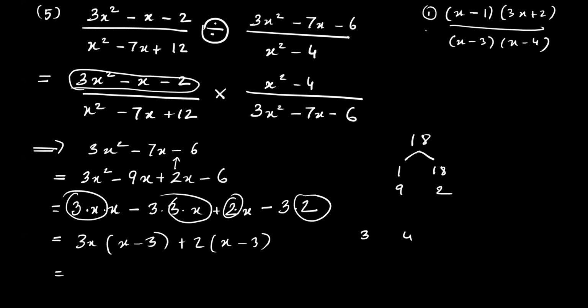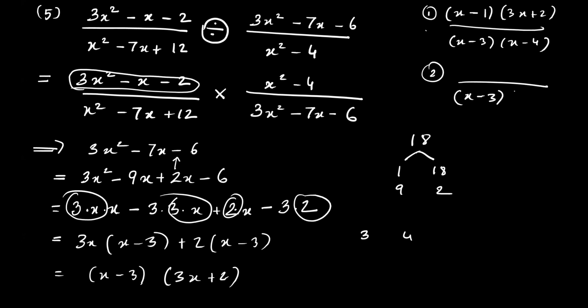Okay, and if I write x minus 3 common, so what is remaining? 3x plus 2. Correct? So in the second fraction, the denominator is this: x minus 3, 3x plus 2. यहाँ तक ठीक है? Yes. अच्छा, now you help me in finishing the sum. I'll just erase this.